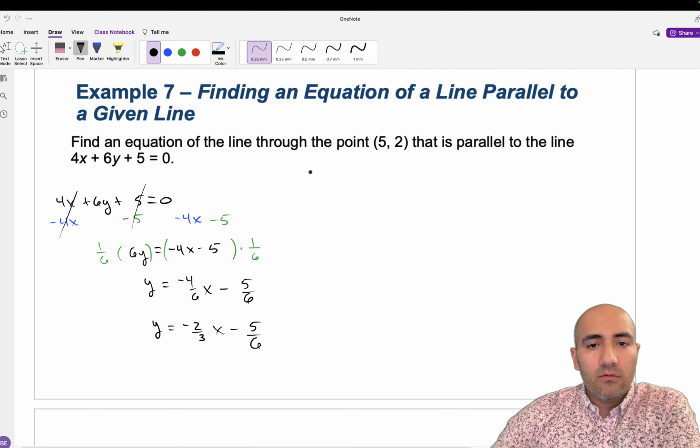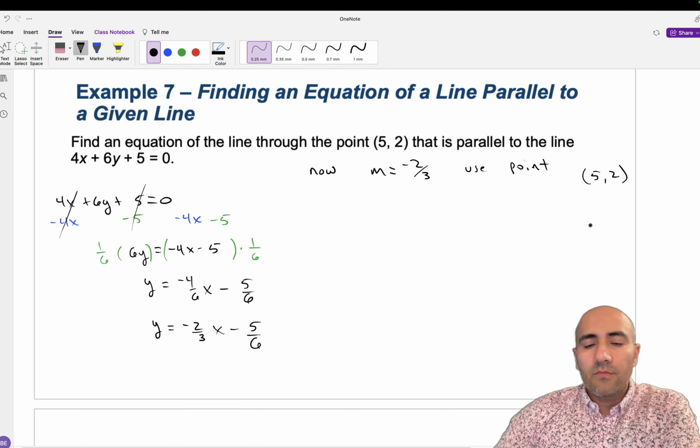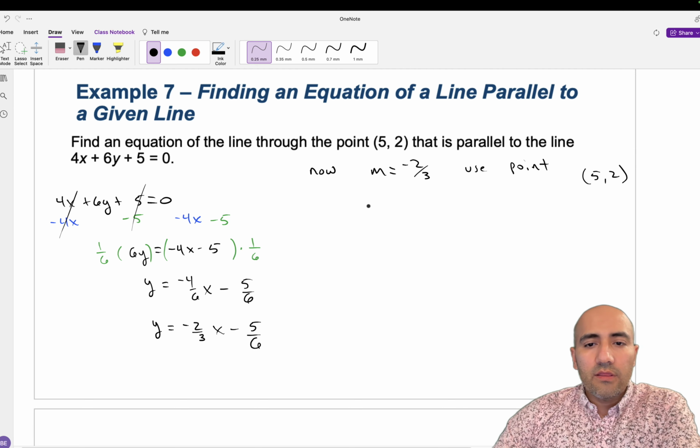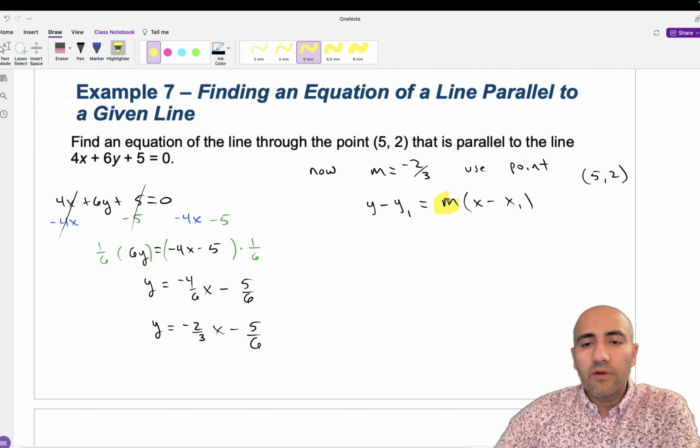Okay, so now we're going to let m equal negative 2/3, and we want to use the point (5, 2). All right, so now let's use this form of a linear equation. This one's useful because now we have the slope right here.